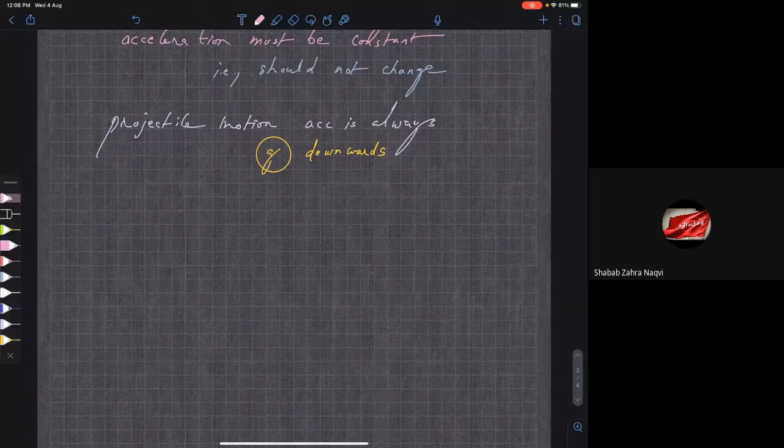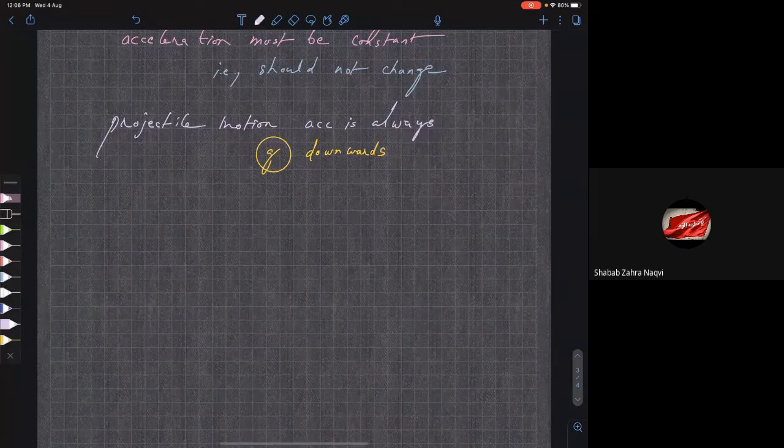When you are talking about linear motion, we say that uniform means acceleration is constant, and non-uniform means, so what is non-uniform?